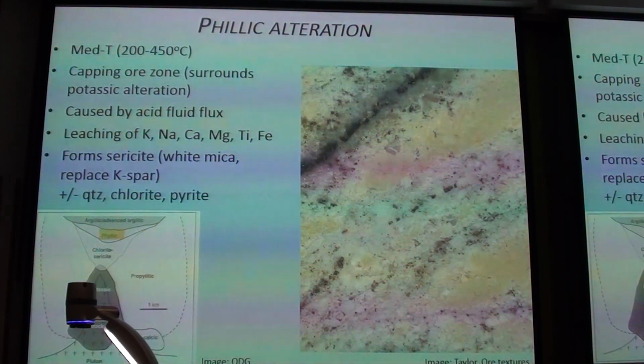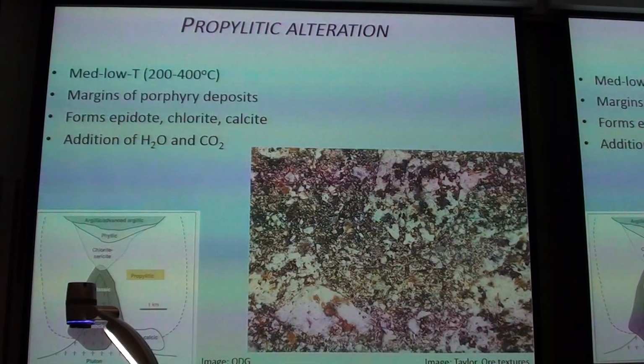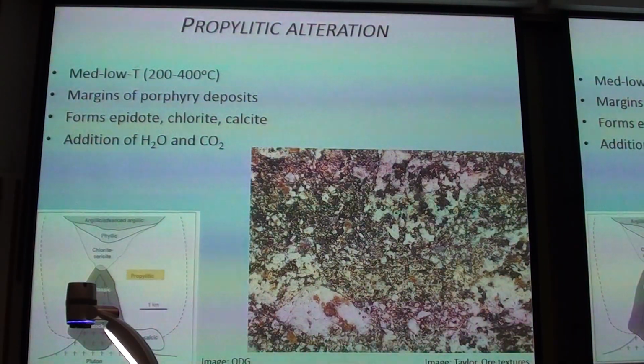Then we have the formation of white mica that replaces alkali feldspar, along with quartz, chlorite, and pyrite. The propylitic alteration also occurs at moderate to low temperatures. It occurs at the margins of the deposits, and it's characterized by epidote, chlorite, and calcite. That occurs by the addition of water and CO2, carbon dioxide, to the original rock.